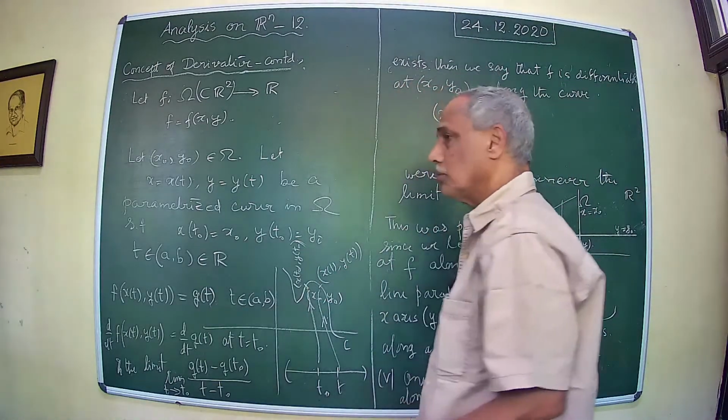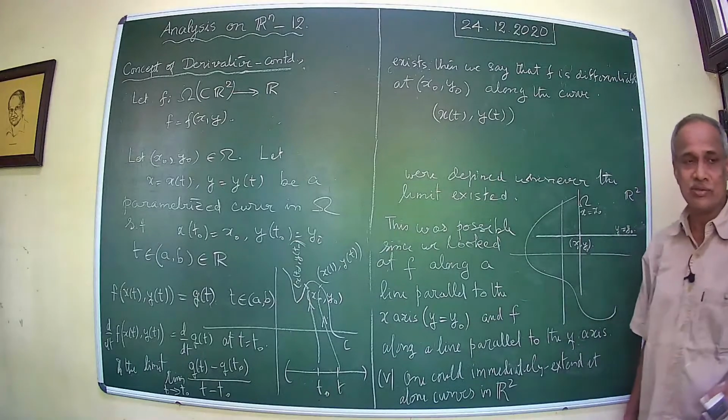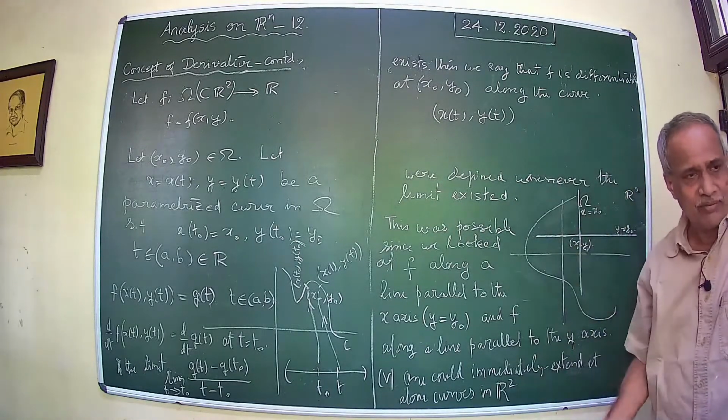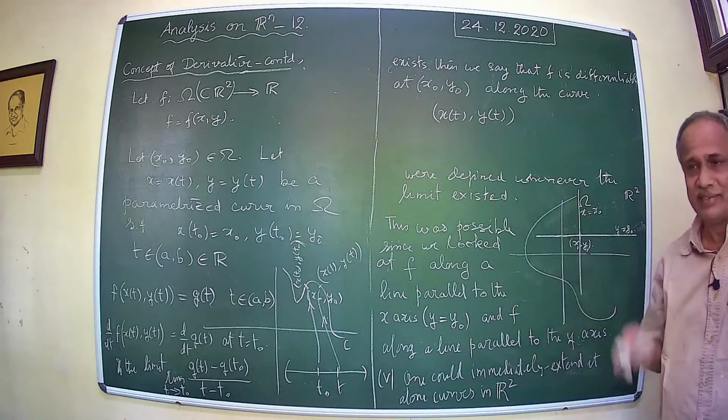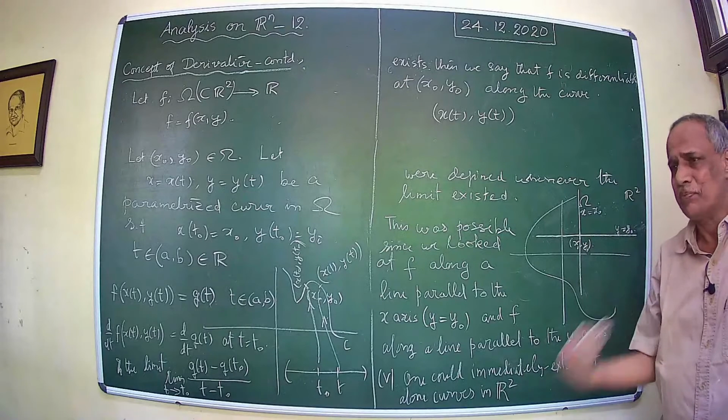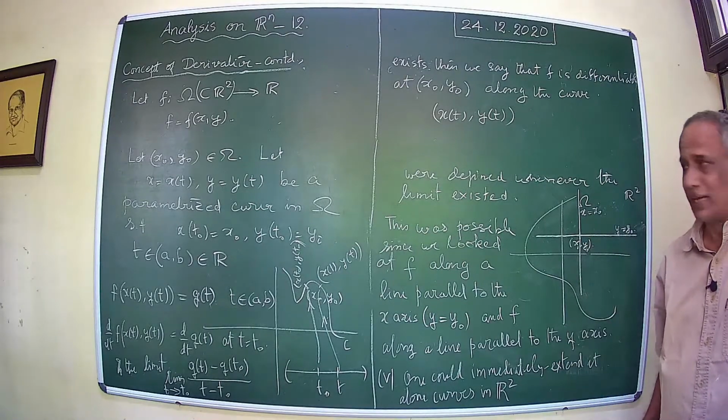In all these cases you see that you have been just working around the idea of dividing by the increment in t in a single variable. There was hardly any problem to execute that.